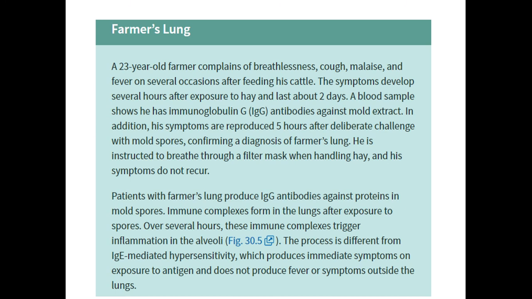Could be IgM, but mainly the antibody that's responsible for the precipitation type of reaction is the IgG type. So it's so important to differentiate this farmer's lung syndrome from the IgE mediated reaction, where the antibody is IgE, and it's much faster compared to that of type 2 or type 3.